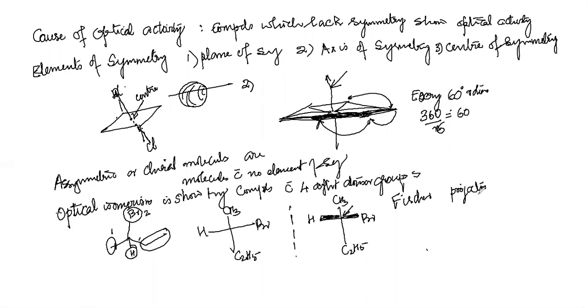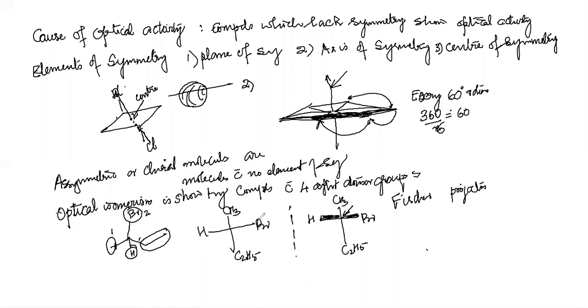It is not possible to predict whether a compound will rotate plane polarized light either towards right or left. It has to be found by experiments, the type of rotation.